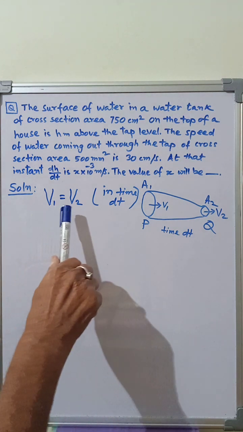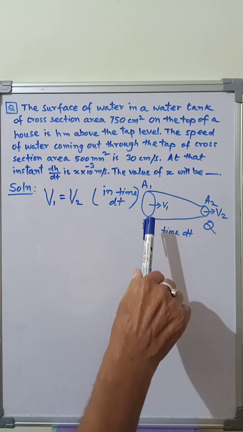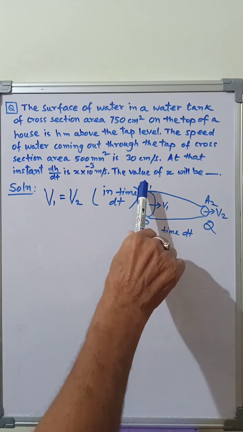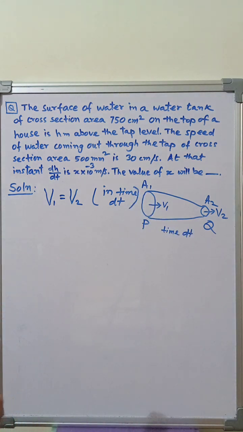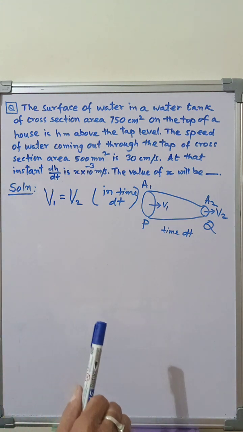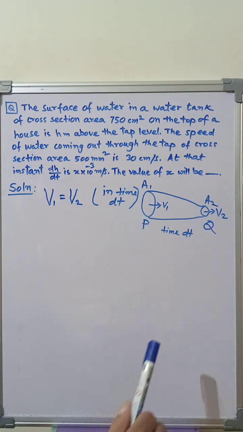We can write V1 is equal to V2, where V1 is the volume of liquid flowing through the cross-sectional area A1 in time dt. Similarly, V2 is the volume of liquid flowing through the cross-sectional area A2 in the same time interval dt.